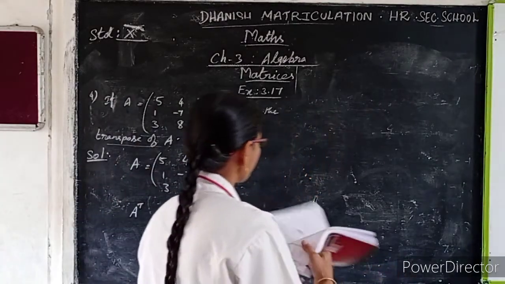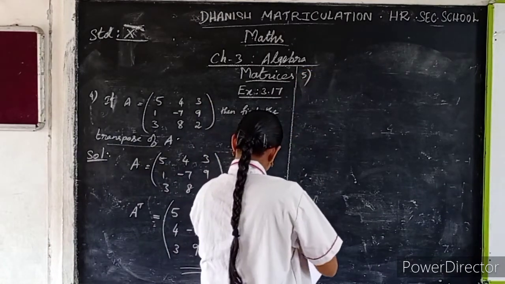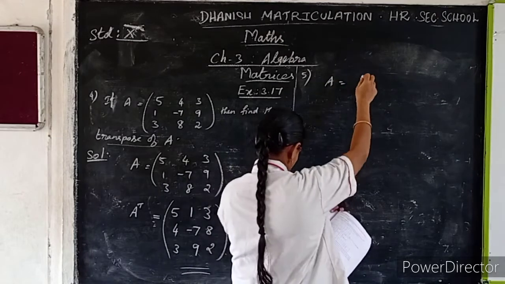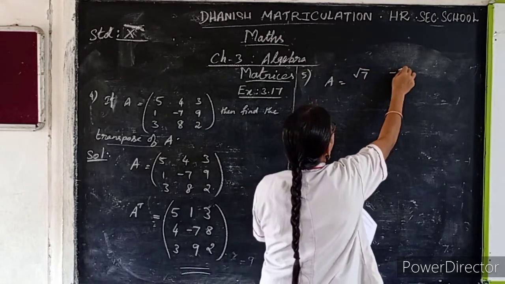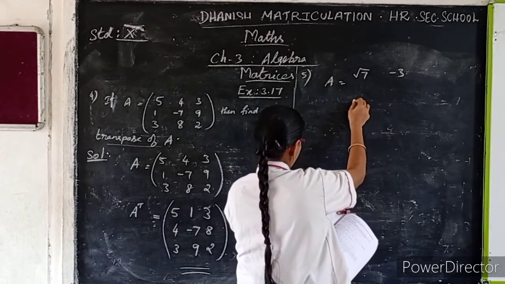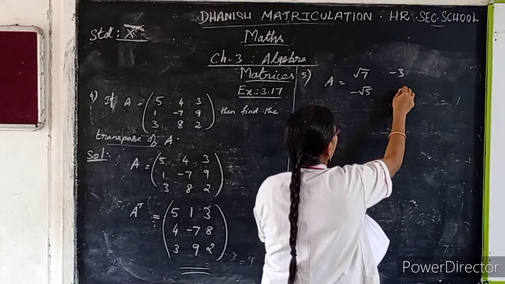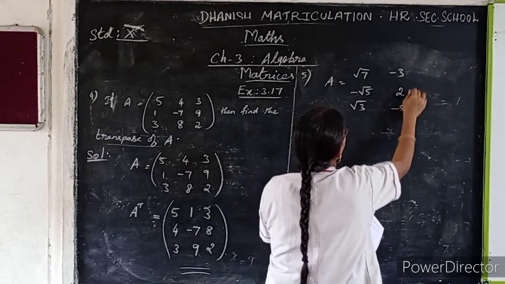Next, fifth question. If A is equal to the matrix root 7, minus 3, minus root 5, 2, root 3, minus 5.